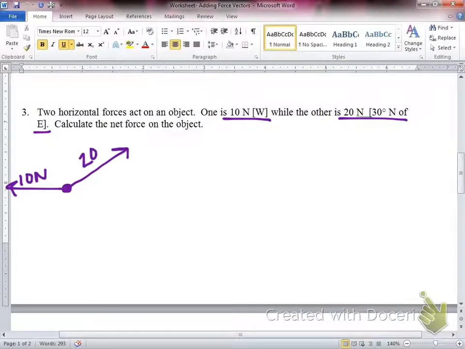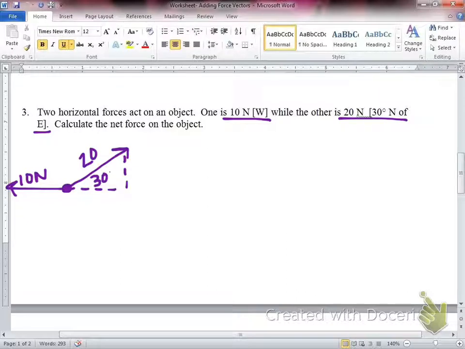So 20 goes on our hypotenuse, and the 30 fits right in there. Do we envision what's happening here? We're not concerned about the gravitational or the normal force because it's not resting on anything. We're just going to assume that vertically it's not moving at all.